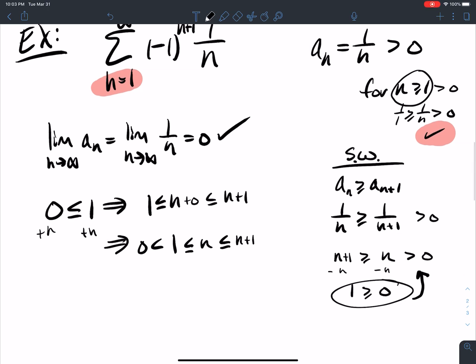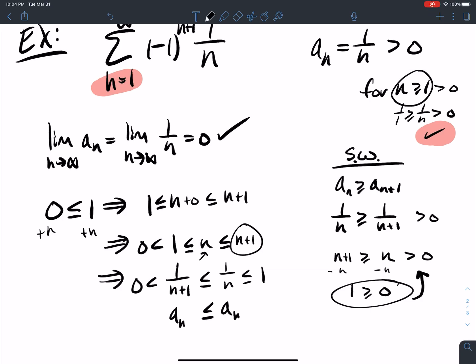The reciprocal tells me that 0 is less than 1 over n plus 1, less than or equal to 1 over n, less than or equal to 1 over 1, which is just 1. So now I have a_n greater than or equal to a_(n+1) for n greater than or equal to 1. That is what I want to show.